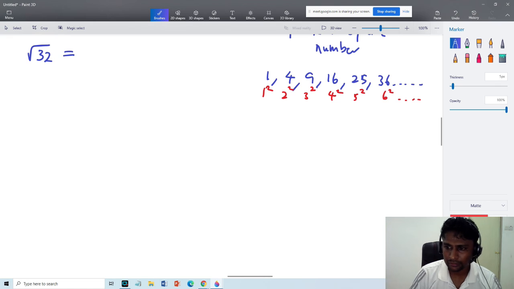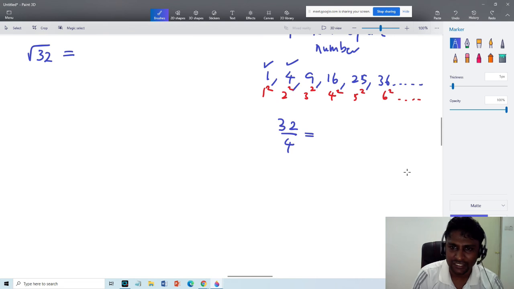What number here can divide 32? Definitely 1 is the simplest number. It always can, but we must go for another number, not 1. We check another number. I divide by 4. 32 can be divided by 4.